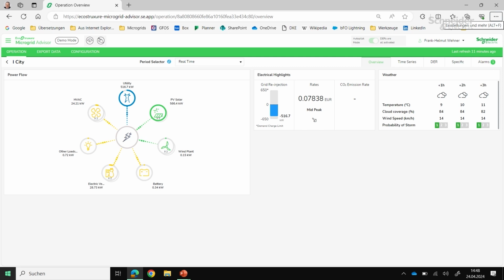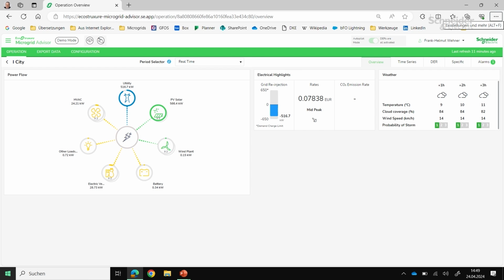The second thing you see on the right side is some basic KPIs. For example, currently you can see how much power we export to the grid. And you see there is also a limit of 650 kilowatt given. That's the maximum export we can do. If we exceed the 650 kilowatt, we have to take some measures to avoid further and higher export. Secondly, you see the tariff rate.